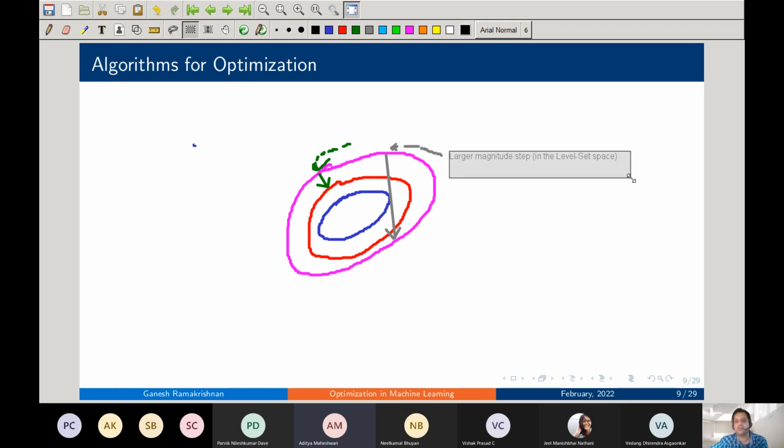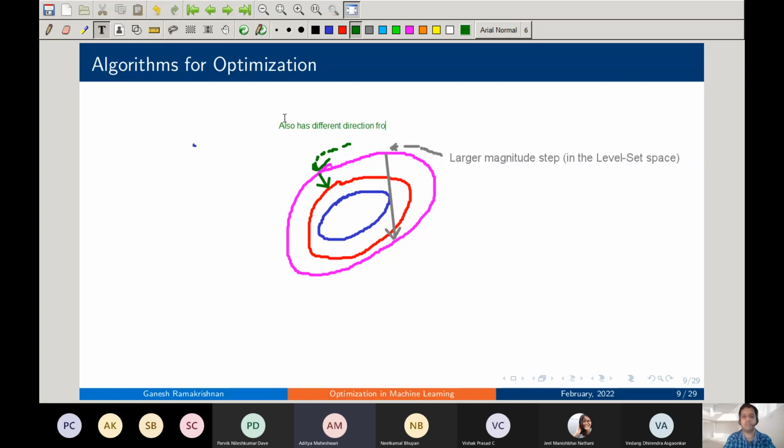The green one is a smaller magnitude step, but also they have different directions. Okay, so in the level set view, we'll often be dealing with these two, the magnitude and the direction. These are two key components of any algorithm.